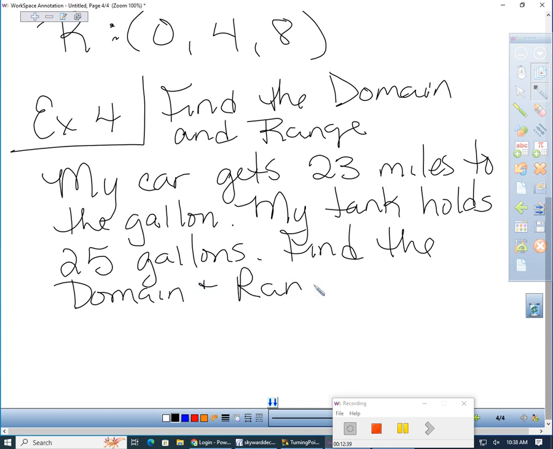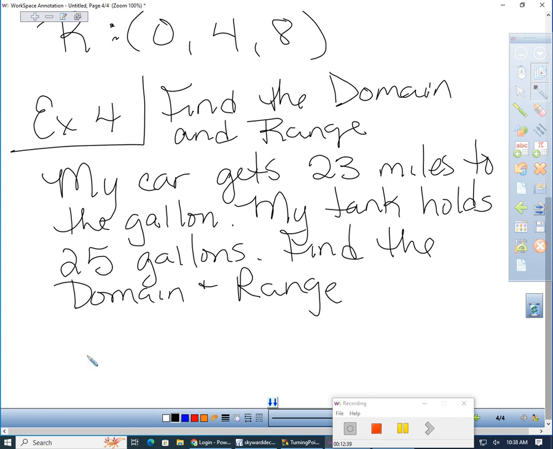All right, so first of all, we've got to figure out between the gallons of gas and the miles we travel, which one is independent and which one is dependent. Out of what we have up here, I have gas in my car, and my car can travel a distance, right?